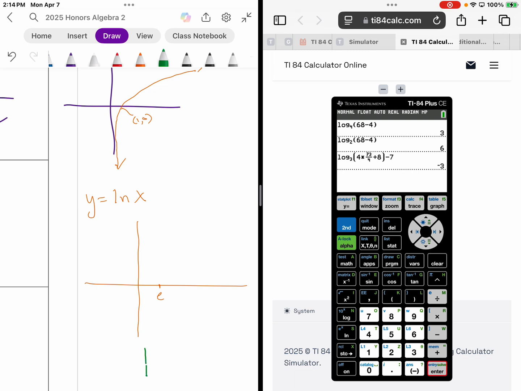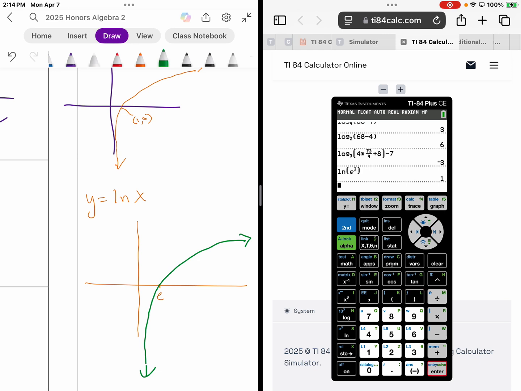So it hugs and it crosses at e. Because on your calculator, if you hit the ln button and then you go second ln to the first power, it's going to give you a 1 for an answer.